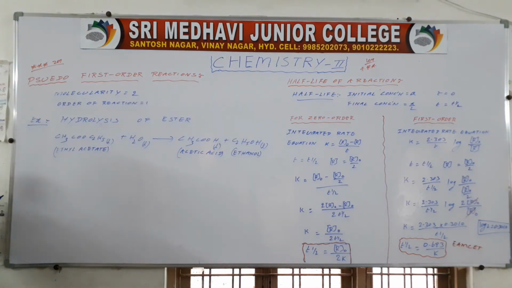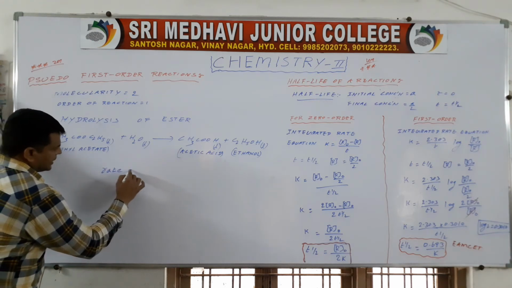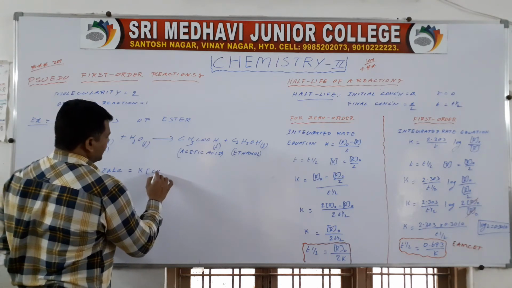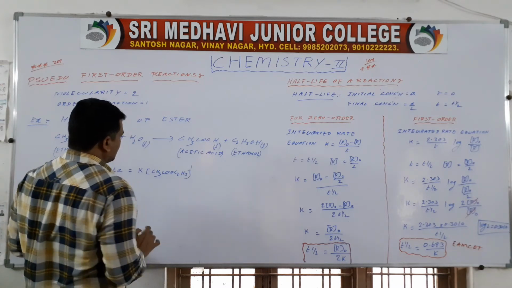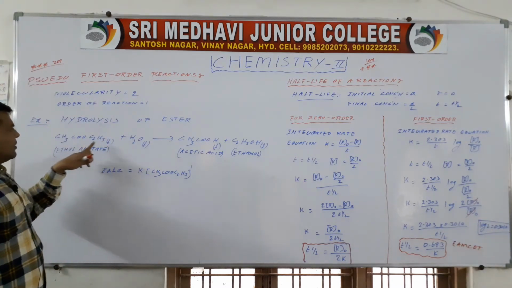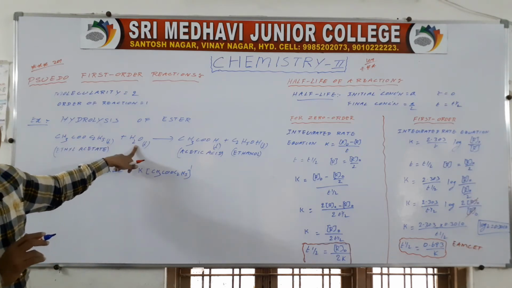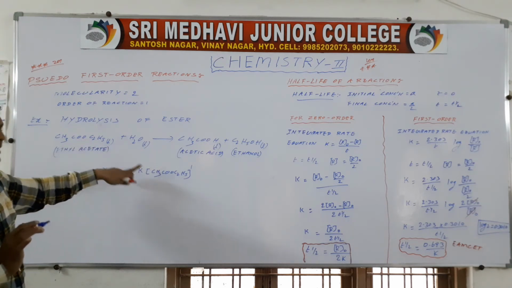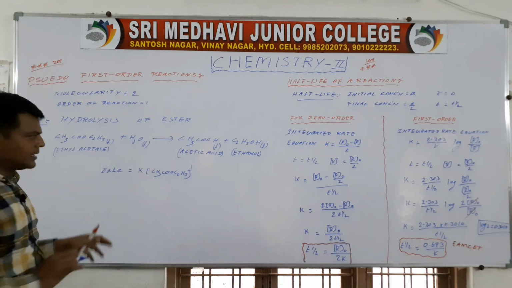Then rate is equal to K into the concentration of CH3COOC2H5 to the power of 1. So here 2 molecules are involved in this reaction, but we can't take the concentration of H2O. We have to take the concentration of ethyl acetate. Molecularity is 2 but order of reaction is 1.